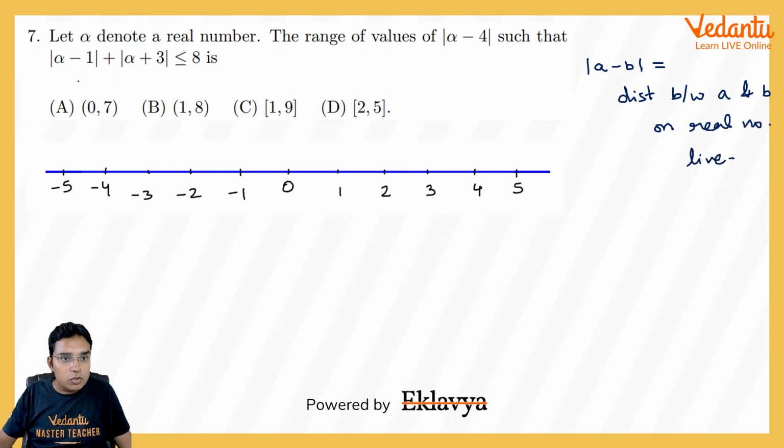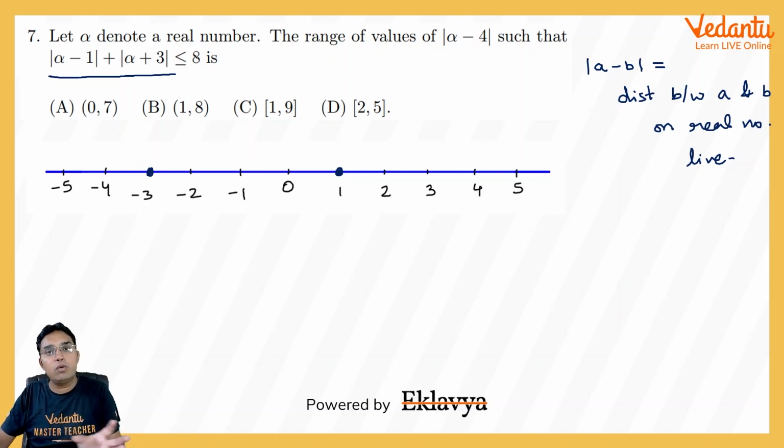So here alpha is a real number, and this expression I can think of as the distance of alpha from 1 and the distance of alpha from -3, and the sum of these two distances is less than or equal to 8.